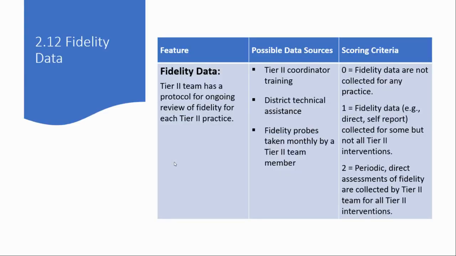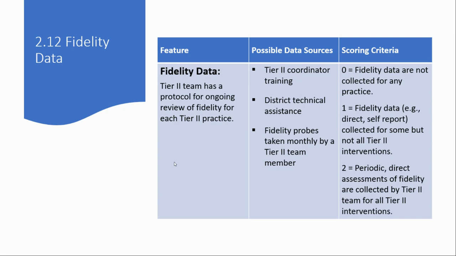So 2.12 is going to be looking at the fidelity data. This says the Tier 2 team has a protocol for ongoing review of fidelity for each Tier 2 practice. Possible data sources are the Tier 2 coordinator training, the district technical assistance plan, and the fidelity probes taken monthly by a Tier 2 team member.